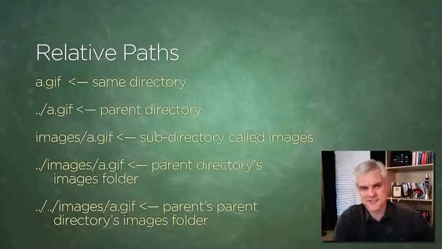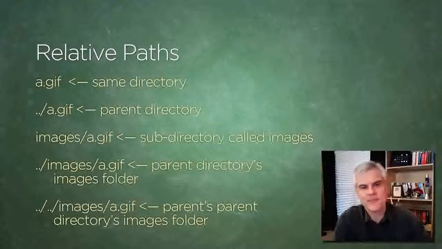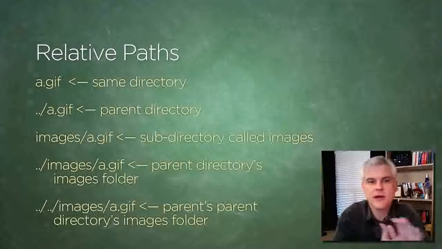And then finally, what if the images folder was deeply nested, and so we have to go to the parent of the parent folder and then find the images subfolder where our images are stored. In that case, we could do ../../images/a.gif. Okay? Alright, so admittedly, this can get quite convoluted.